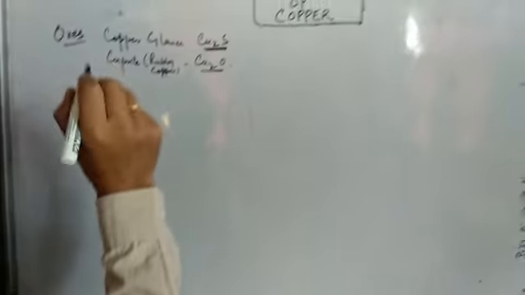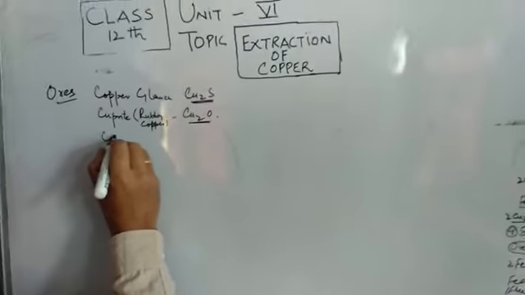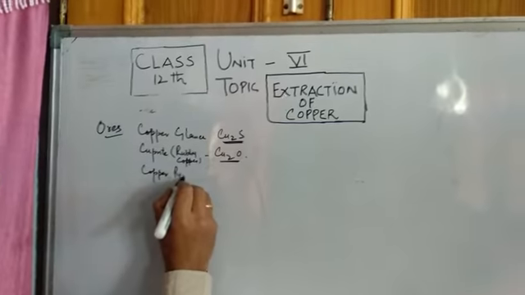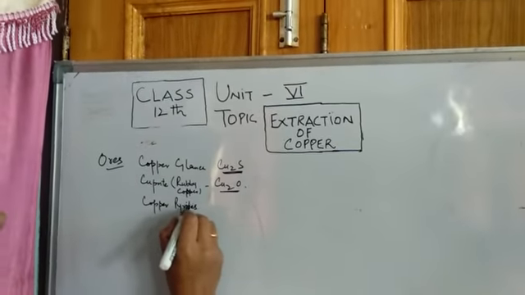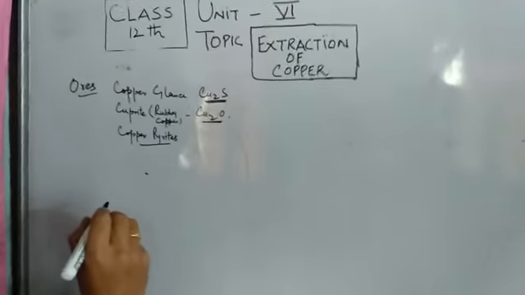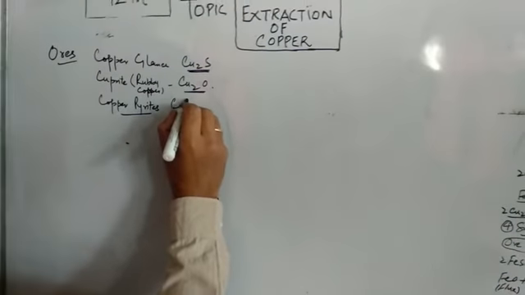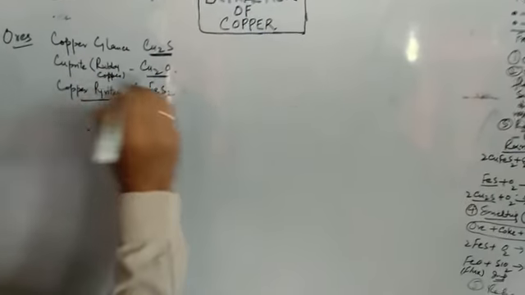Then we have another sulfide ore of copper and a very important ore of copper, that is copper pyrites. This is the most important ore of copper, having chemical formula CuFeS2.